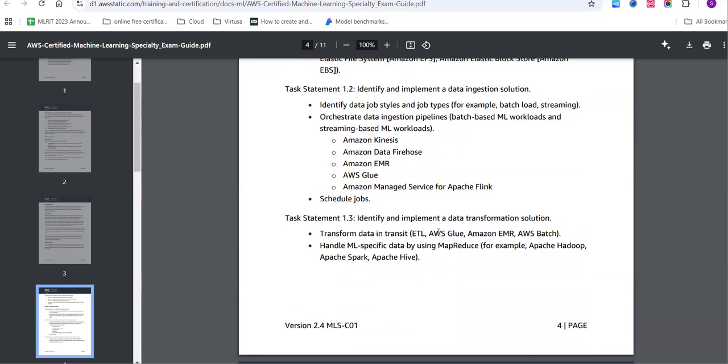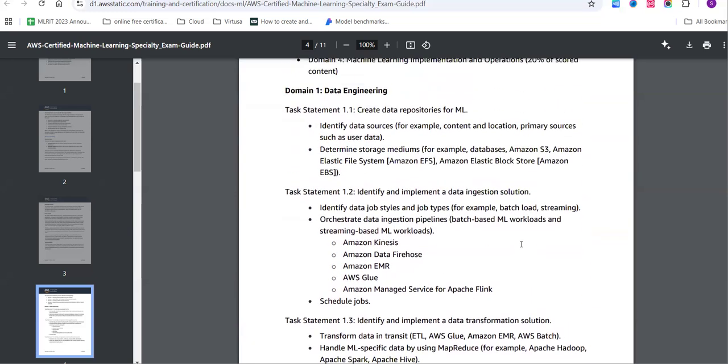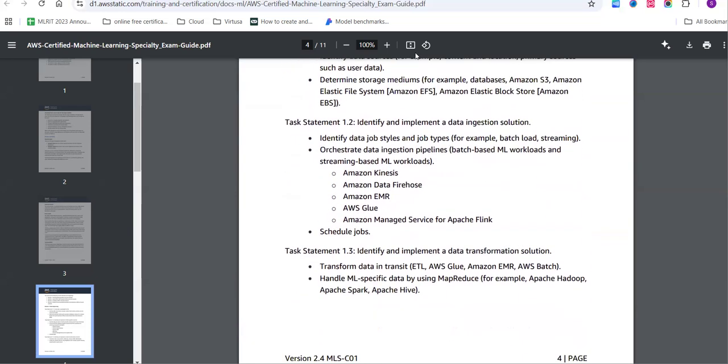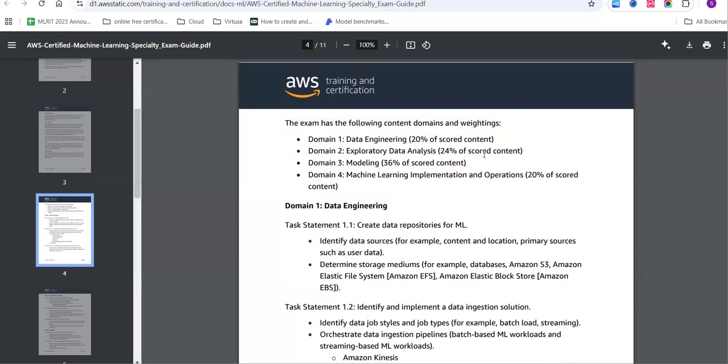Here we will majorly write the queries or processing by using PySpark script. So getting familiar with PySpark script is very important in order to pass this examination or in order to get real-time implementation to achieve our task easily. Okay, this is all about domain 1.